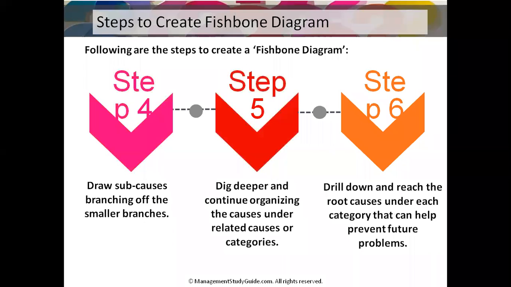Step 4, draw sub-causes branching off the smaller branches. Step 5, dig deeper and continue organizing the causes under the related causes or categories. Then drill down and reach the root causes under each category that can help prevent future problems.